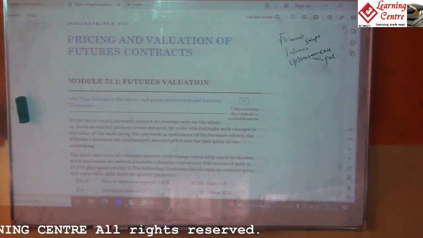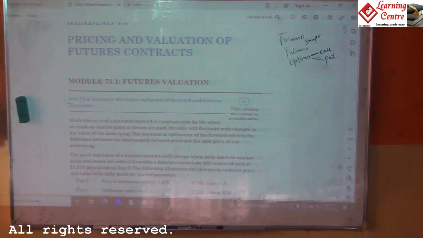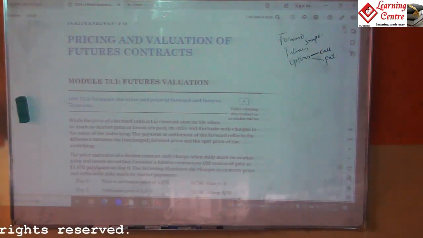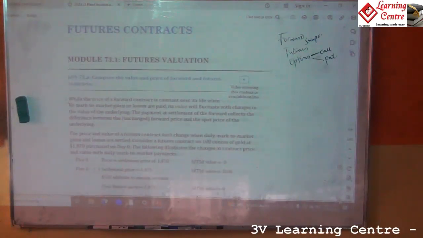So every day they come together. If you remember the examples, every day the buyer is either gaining or losing, and the seller is gaining or losing. So money is always fluctuating. That's why we have initial margins and maintenance margins. If you remember that. And we said, so now how do we price and value that?